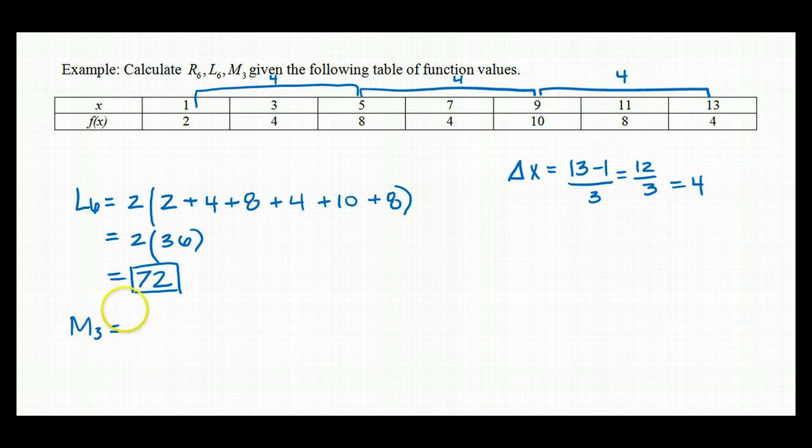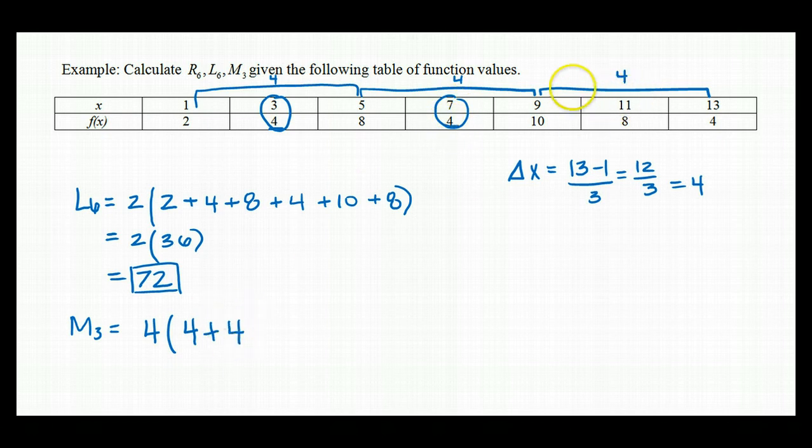So if I compute M3, the formula is delta x. Well, delta x in this case is 4. And over the first rectangle of width 4, I need the height defined at the midpoint. So the height defined at the midpoint 3 is 4. So I'm going to add 4 plus, now I'm looking at the midpoint again, the function value is 4 one more time.